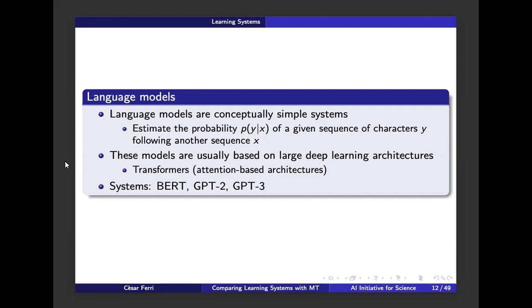Have you ever heard about this? They are quite big, right? Okay, so these are language models based on training on a huge amount of data, and they are based on systems that are called transformers.